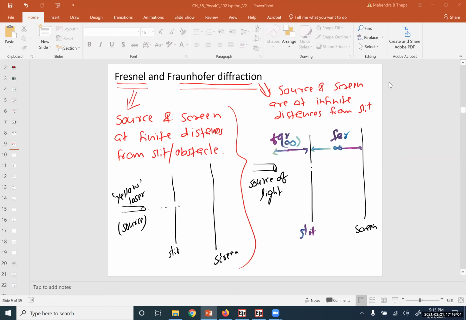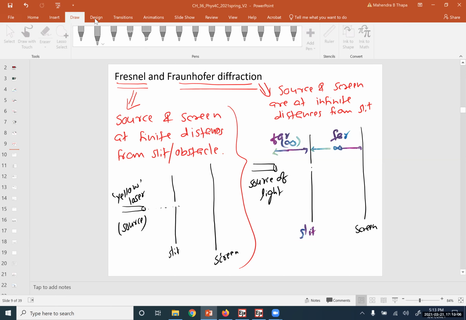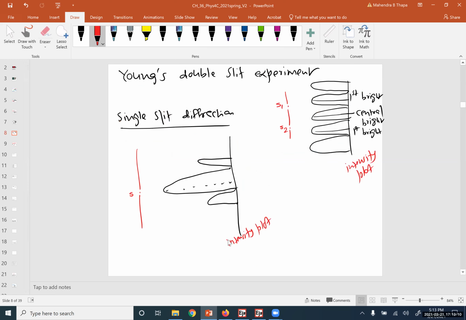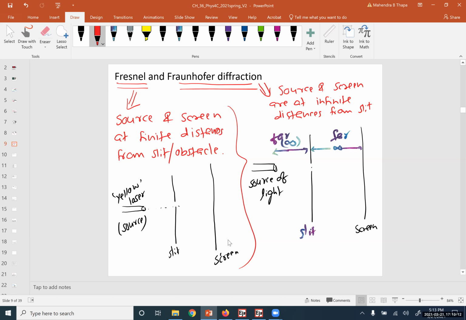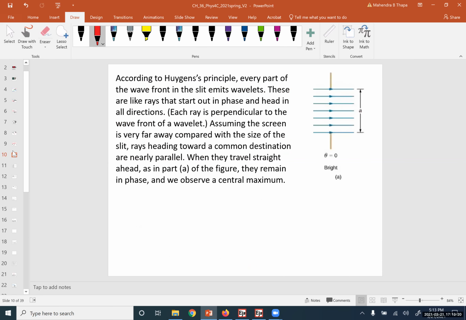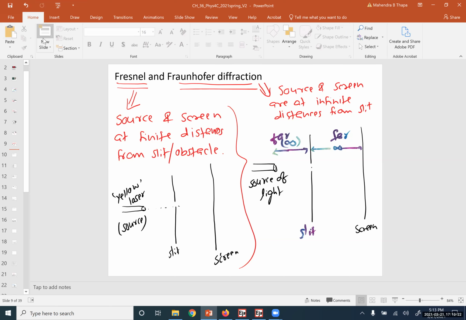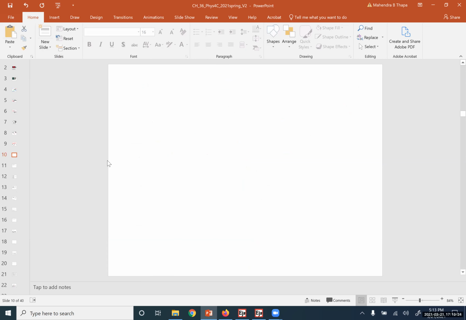So we further talk about this Fraunhofer diffraction.